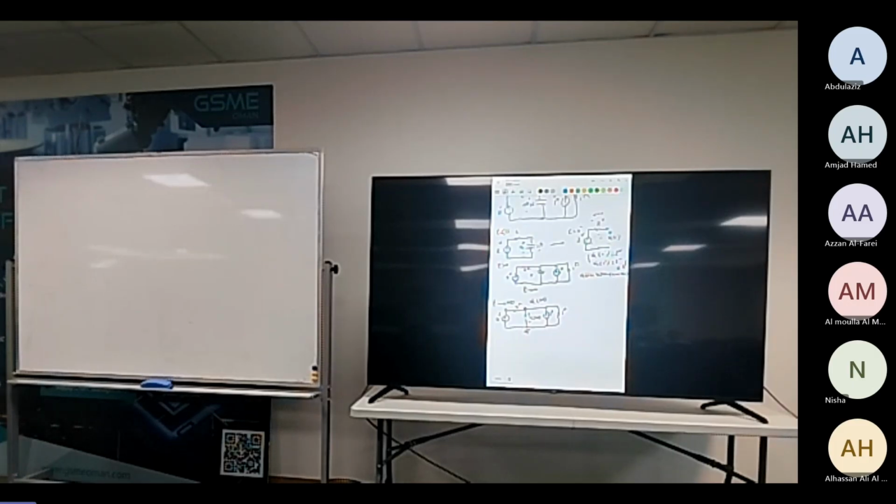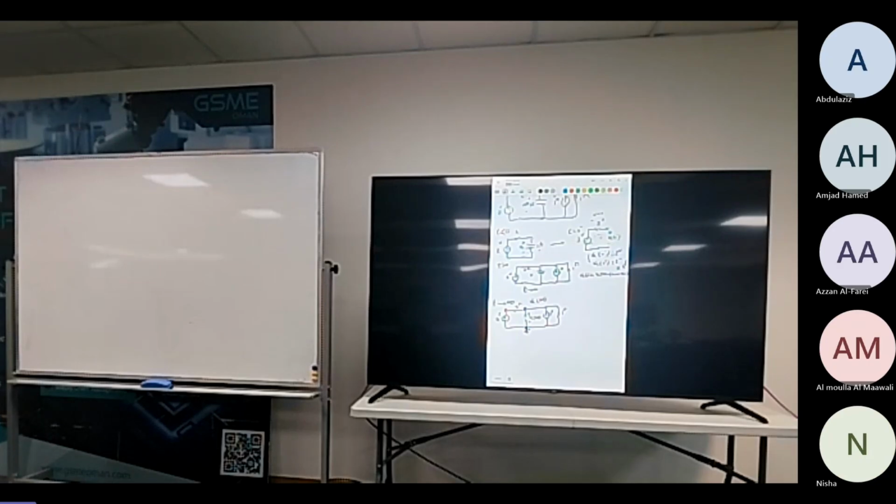How much is this voltage? I consider here, how much is the voltage of this node? Oh, you cannot see here. Oh, here. Yeah, easy. 2 volts.